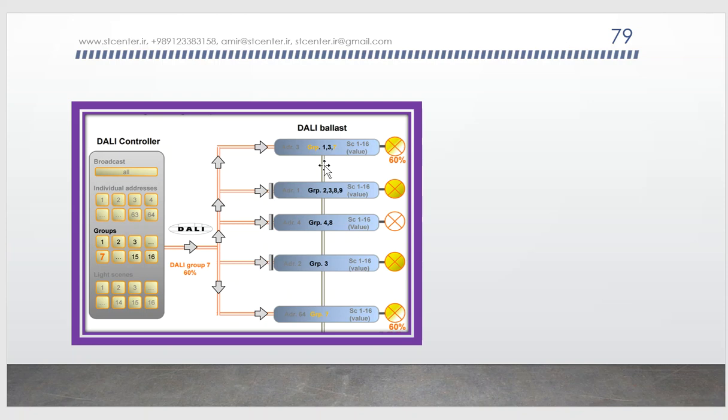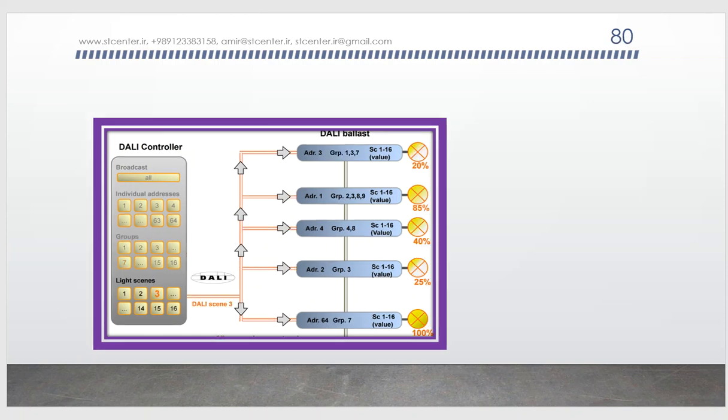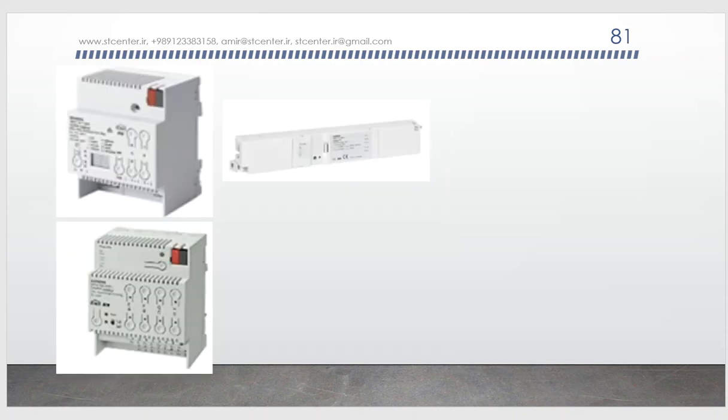For example, here in the picture is group number 7. Or perform a scene. In Dali itself, without any KNX connection, we can have up to 16 scenarios. With the use of KNX, there is no limitation. You can perform the scenarios as you like with these mini servers and servers nowadays.